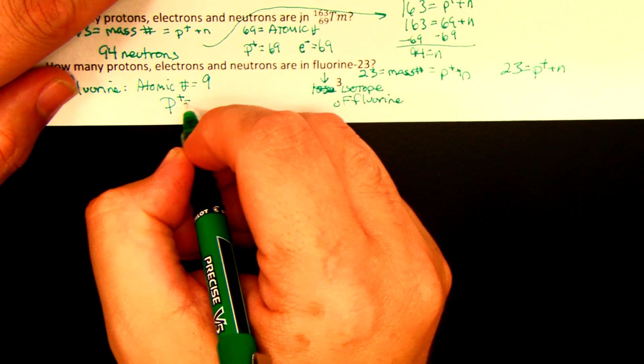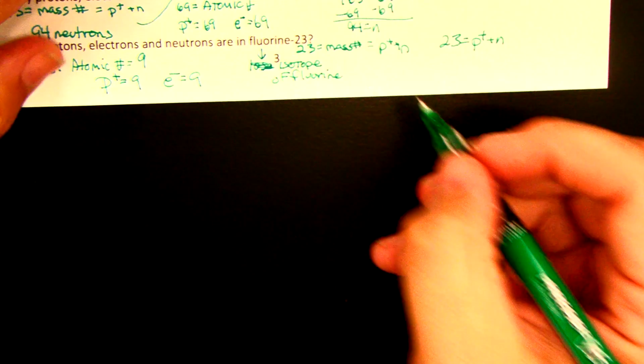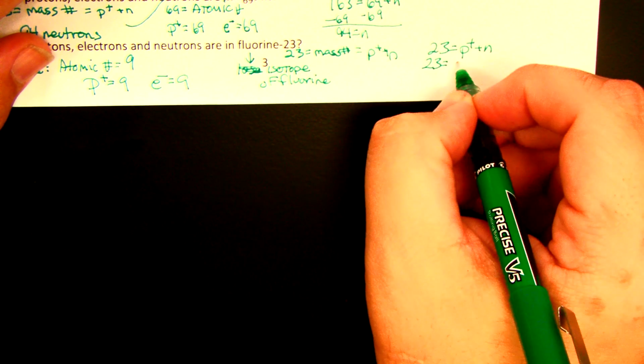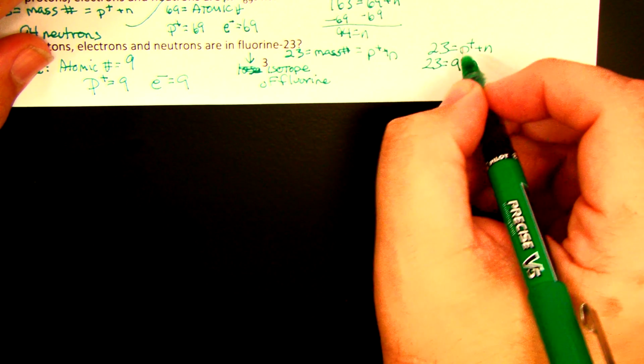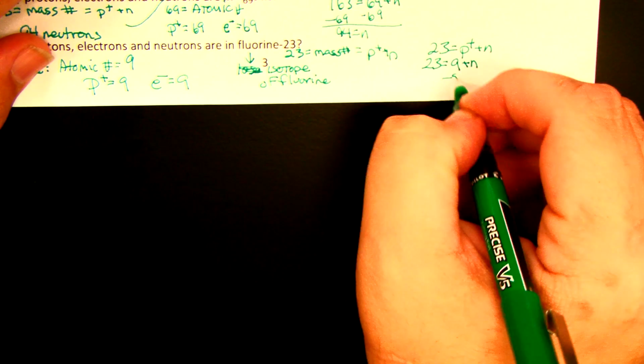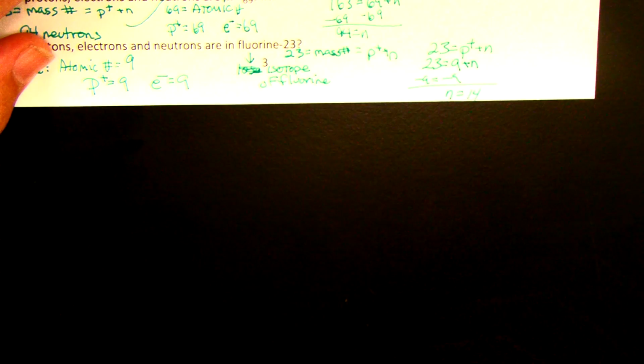What's the number of electrons? 9. So I can go over here and say 23 is equal to 9 plus n, because protons was equal to 9. Do a quick substitution. Subtract 9. Neutrons is equal to 14. So in that case, it was not that big of a deal. And that might be a little bit difficult to see on the video.